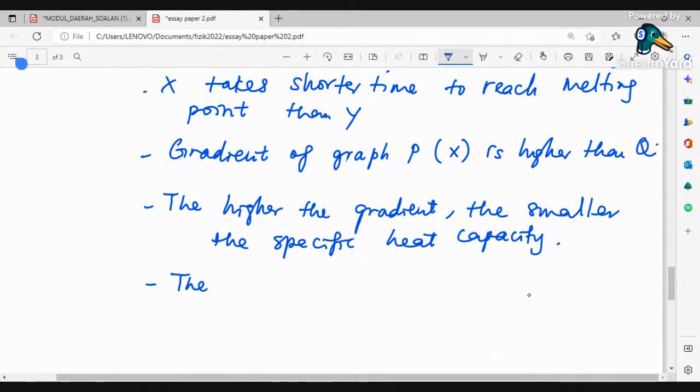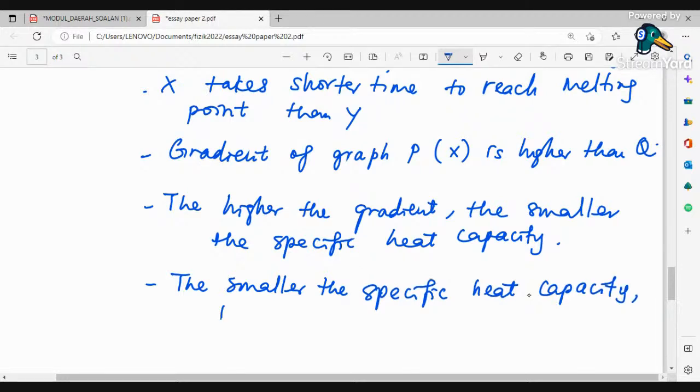The smaller the specific heat capacity, the greater the rate of increase in temperature.